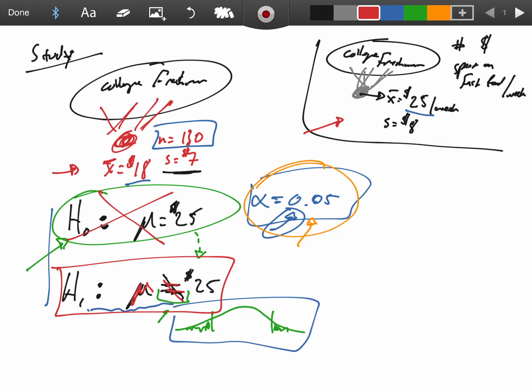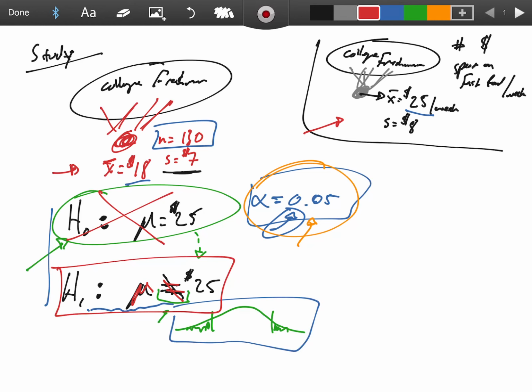The mean is not $25 a year. It's no longer that. I can say with a ton of confidence that that statement is true, right? There is enough evidence to conclude that the mean has changed. And that's all that I'm saying.